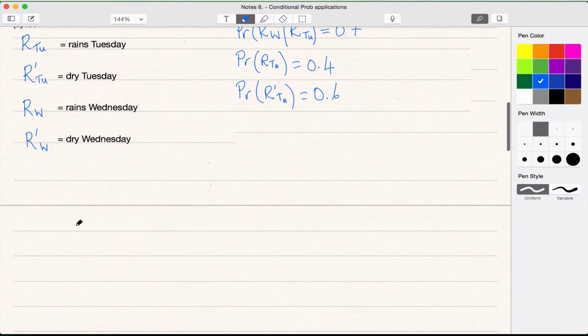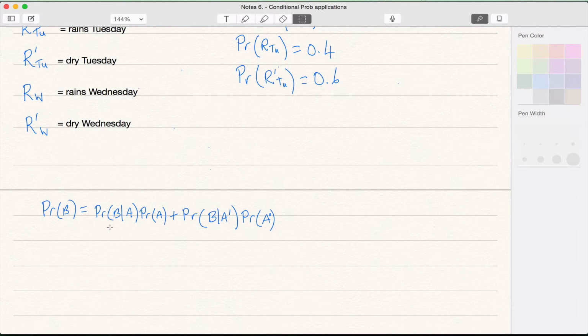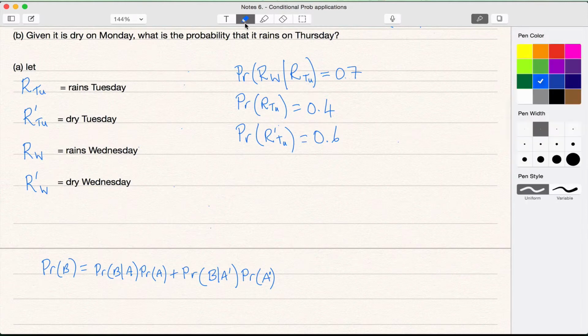So I'm going to write it out in the first way it's written, first of all, which is using A's and B's, equals the probability of B given A times the probability of A plus the probability of B given A dash times the probability of A dash. I'm now going to substitute in for A and B these two events that we've got up here. So Tuesday will be the A event and Wednesday will be the B event.